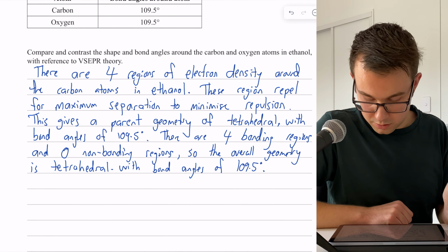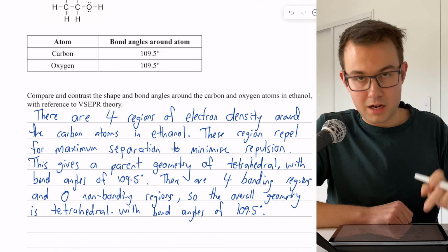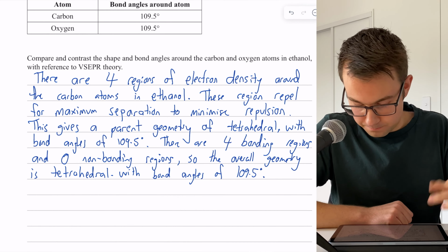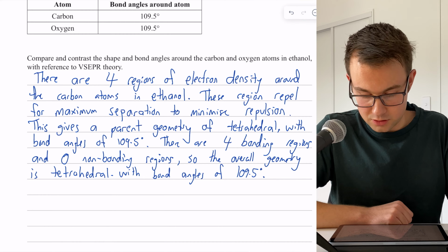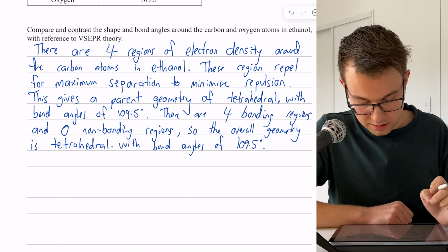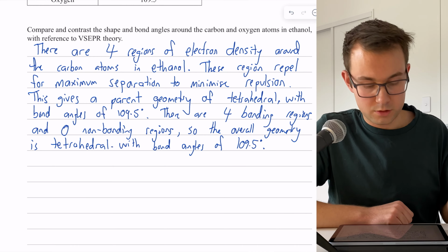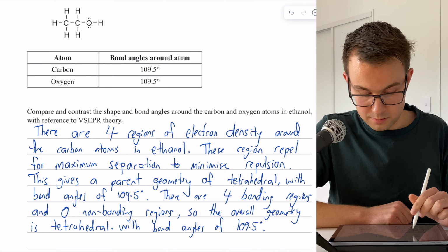Beautiful. Perfect answer for the carbon bit. I love it. Okay, that was pretty easy because they're all bonding. There's no non-bonding, so the parent geometry, tetrahedral, is what the overall geometry is. Let's have a look at oxygen now, and then we can compare and contrast.